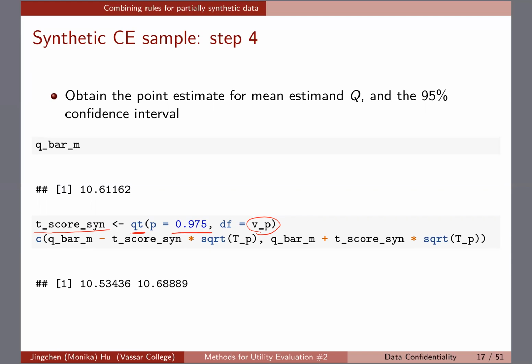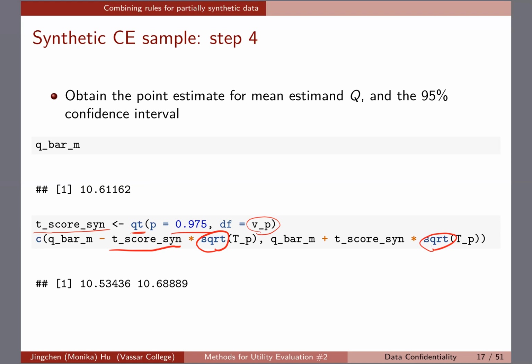Because it's a 95% confidence interval, it's two-sided, so we use 0.975. It's easy to forget to take the square root of T_P, because T_P is the variance. When you're doing the confidence interval calculation, you're using your t-score multiplied with the standard deviation.